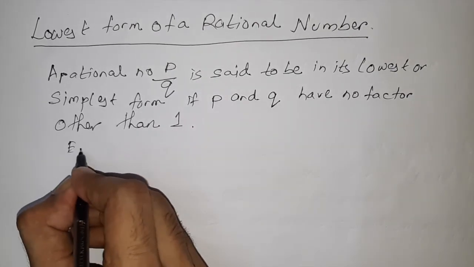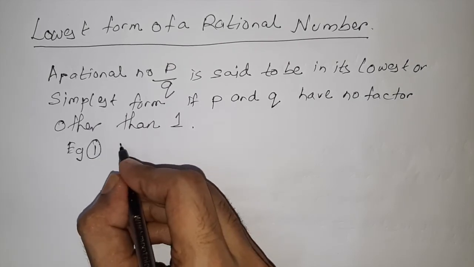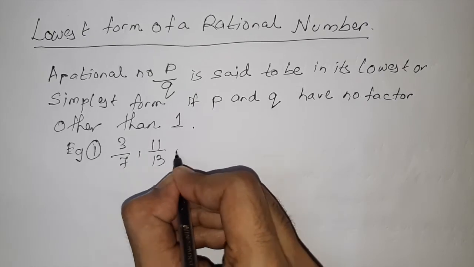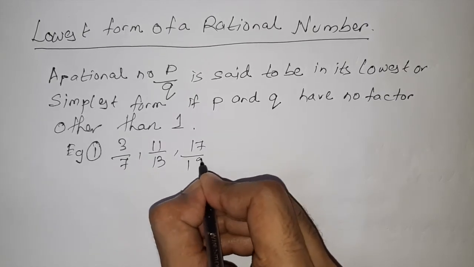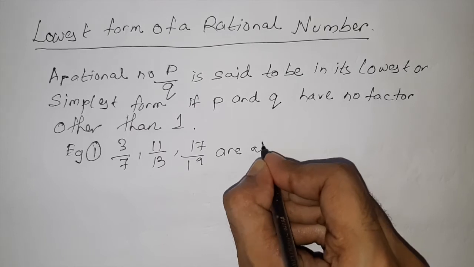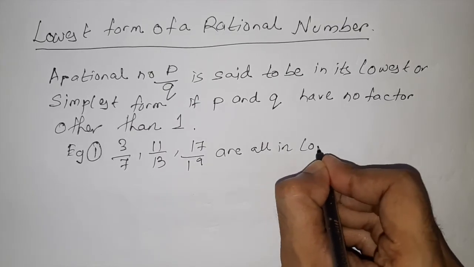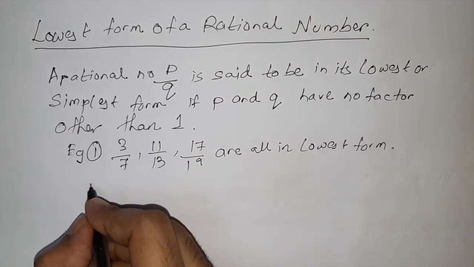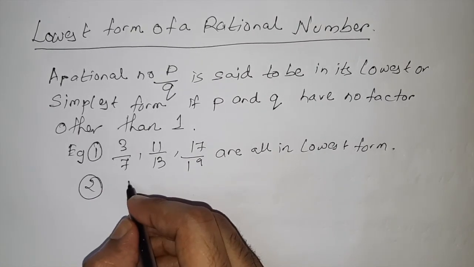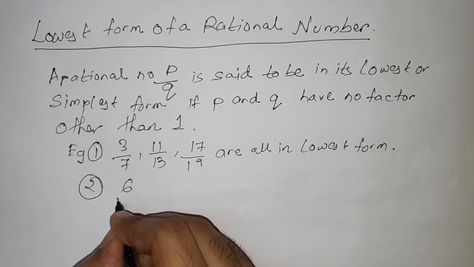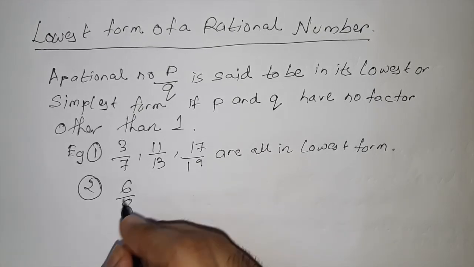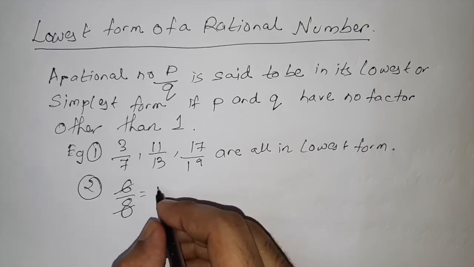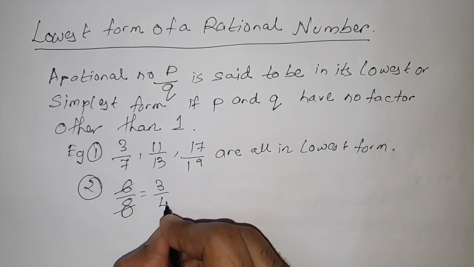Example: 3 by 7, 11 by 13, 17 by 19 are all in lowest form. Another is say 6 by 8. It is not in its lowest form because it can be cancelled out and written as 3 by 4.